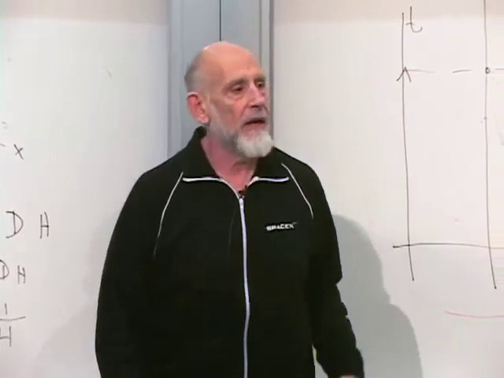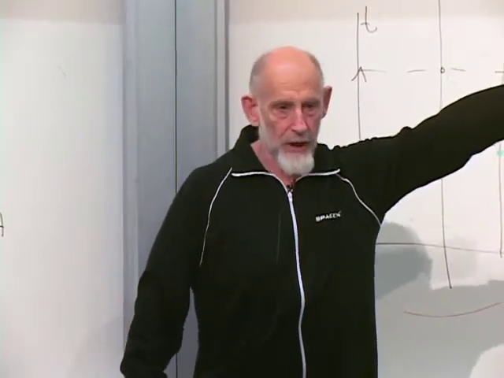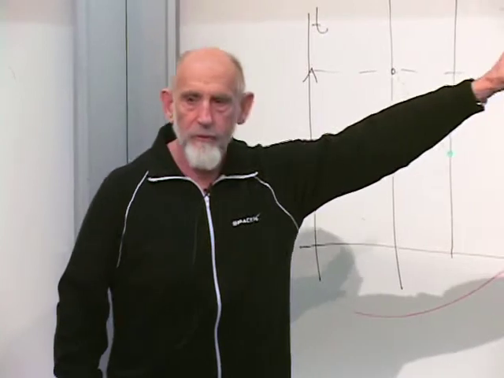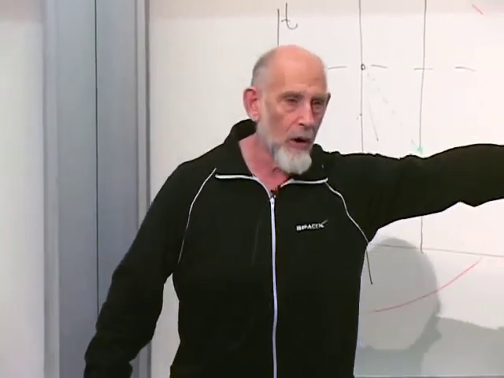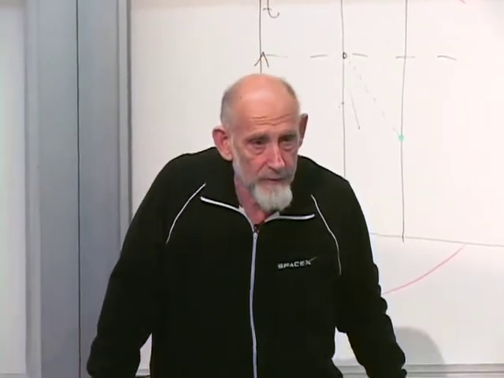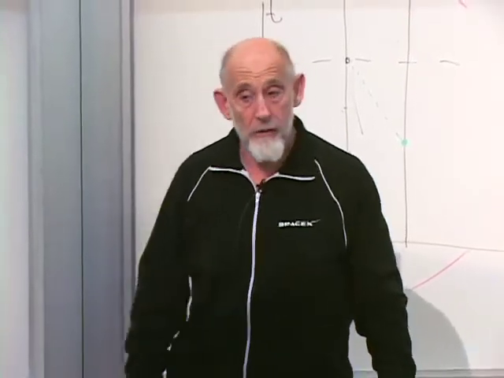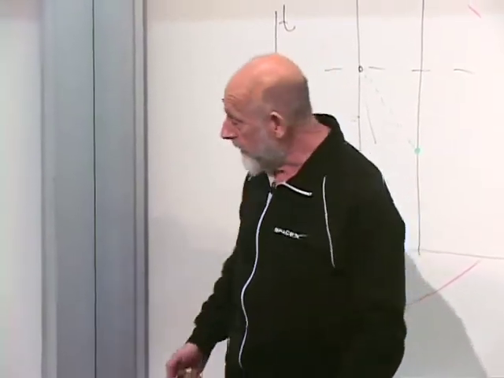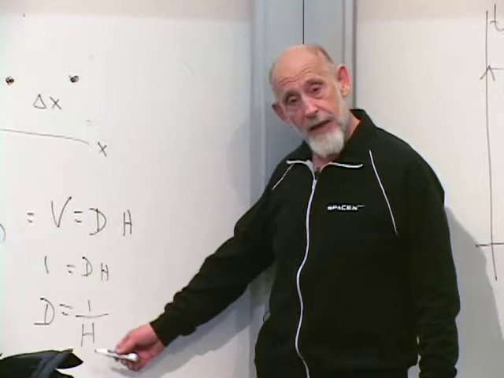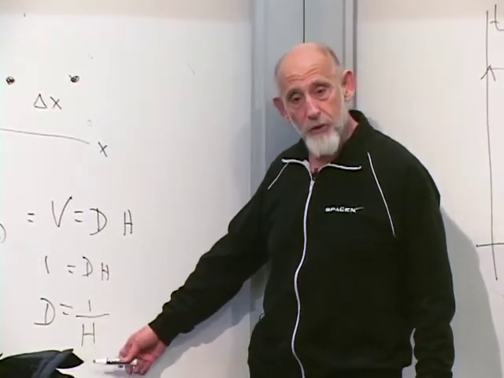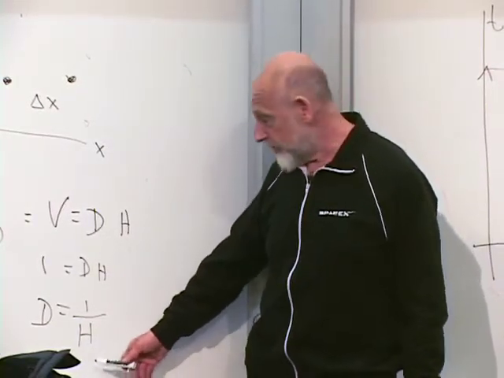You might think if there's a galaxy out there moving away from you with the speed of light or a little more, that you can never see it. But if the Hubble constant is decreasing, you wait a little while and you find out that the distance to which you can see is larger.